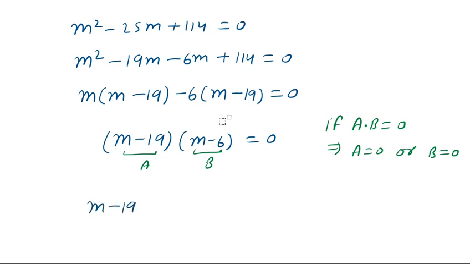So we can say m minus 19 is equals to 0 or m minus 6 is equals to 0. If m minus 19 is equals to 0, this implies m is equals to 19. Or if m minus 6 is equals to 0, this implies m is equals to 6. Now we have two possible values of m. First value of m is equals to 19 and second value of m is equals to 6.